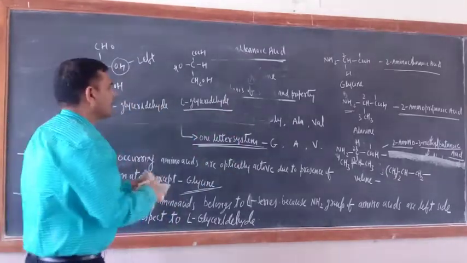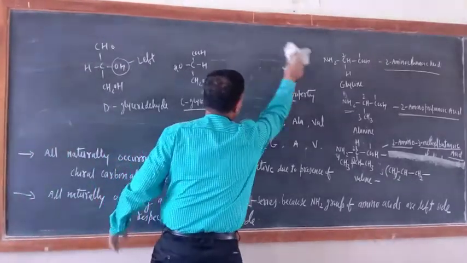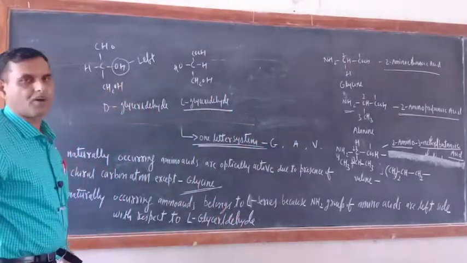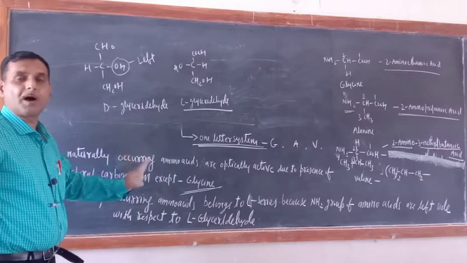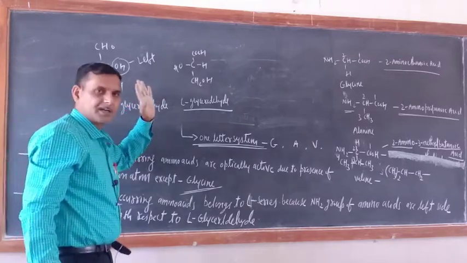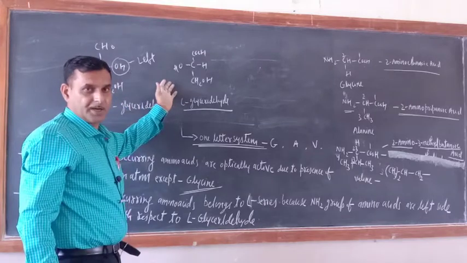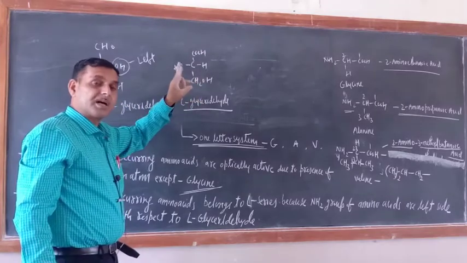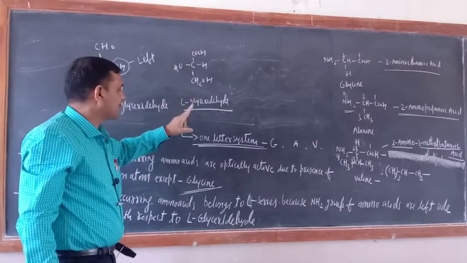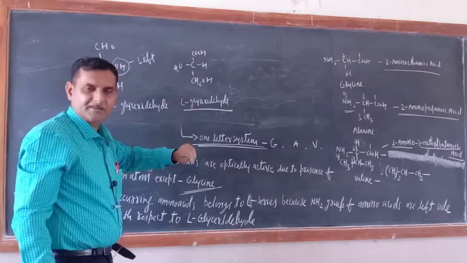You know this one. Now try to understand, when it was studied, it was found that the NH2 group of all naturally occurring amino acids is on the left hand side. That means the configuration of alpha amino acids is very similar to L-glyceraldehyde.